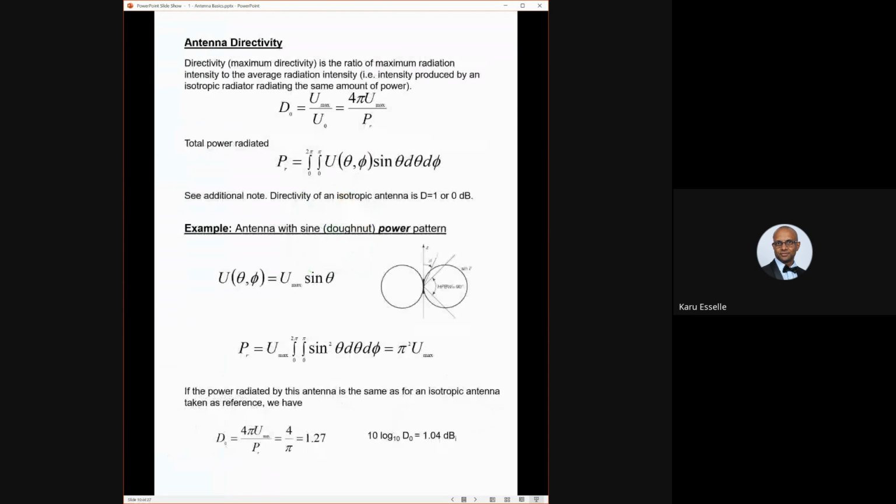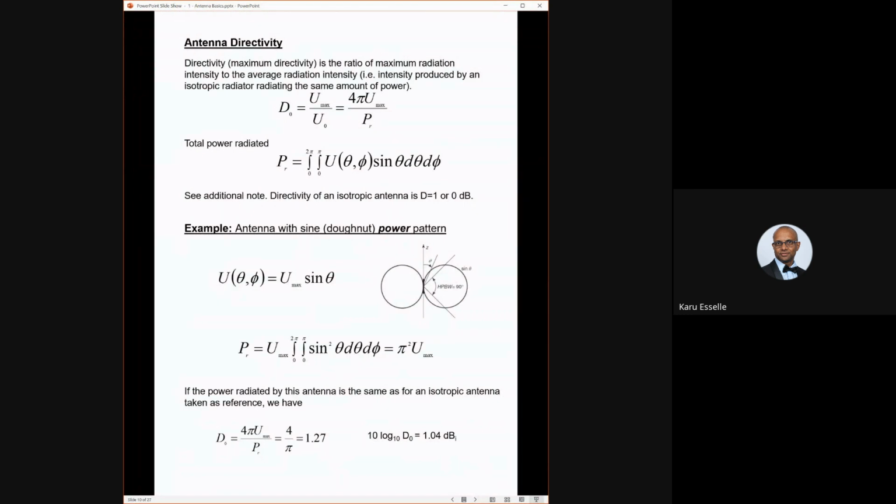So power density in a particular direction is U naught, radiated power divided by the surface of the sphere.